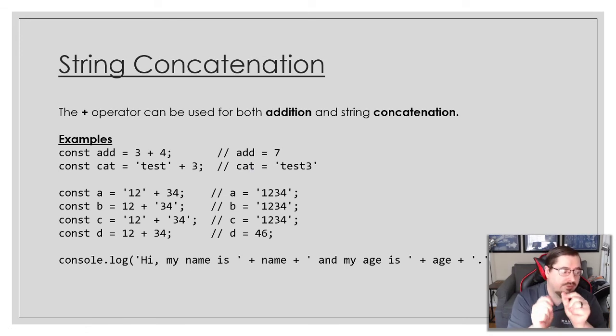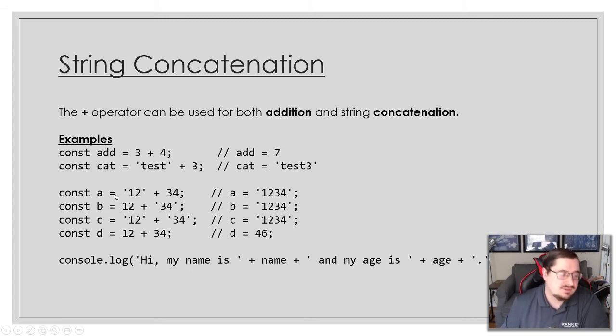Now, it's worth really paying attention to that. A lot of bugs can creep into your code if you're not paying attention to the fact that concatenation and addition are different. They behave differently, and which one you get depends on what type your operands are.